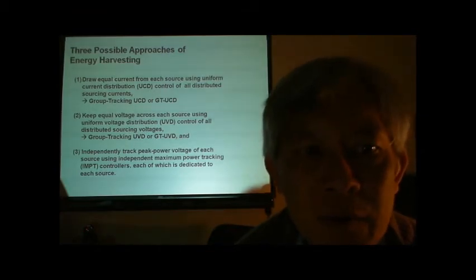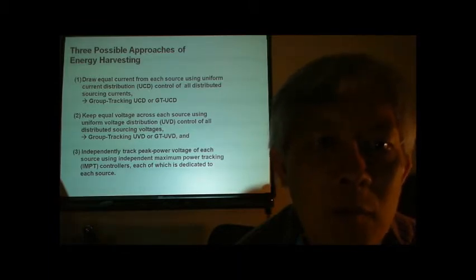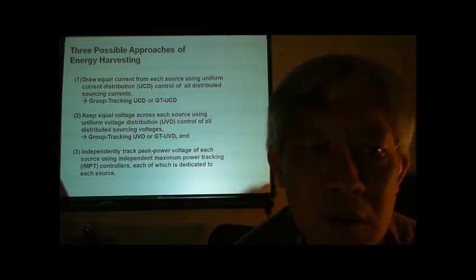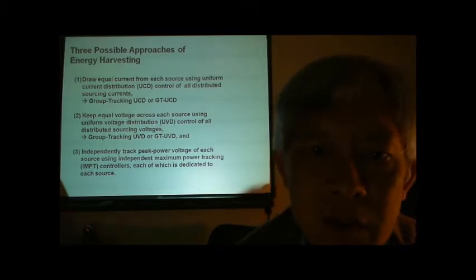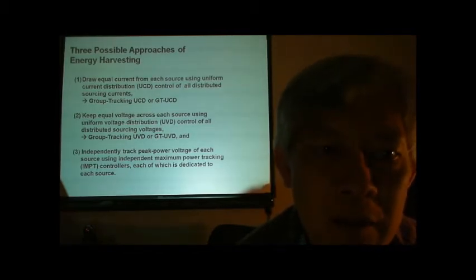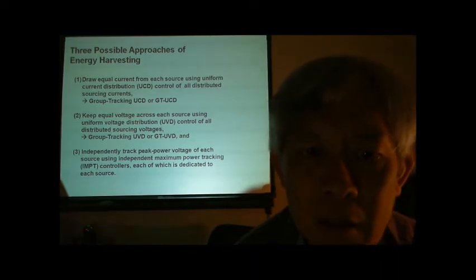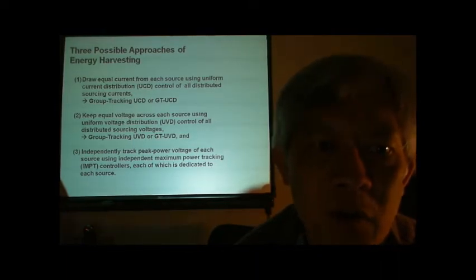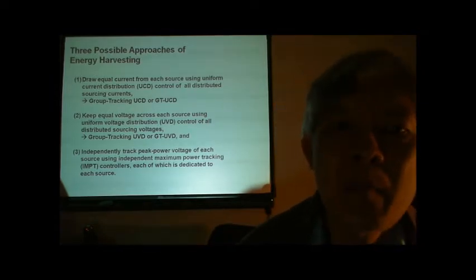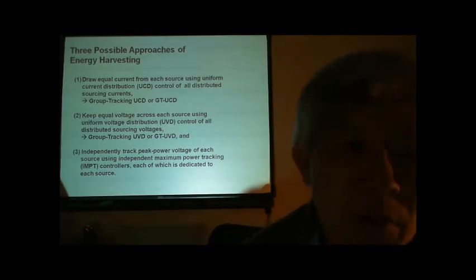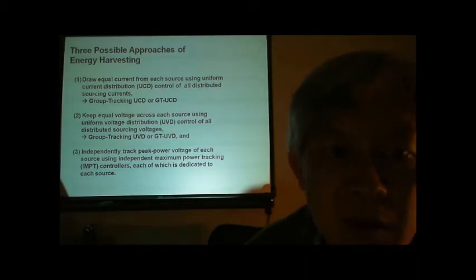The second approach is keeping equal voltage across each source using uniform voltage distribution control of all distributed sourcing voltages. Group tracking uniform voltage distribution or GTUVD. And the third approach is independently tracking peak power voltage of each source using independent maximum power tracking IMPT controllers. Each of these controllers is dedicated to each source.